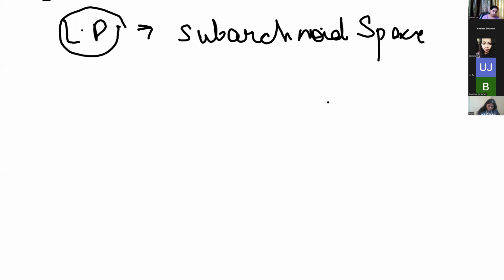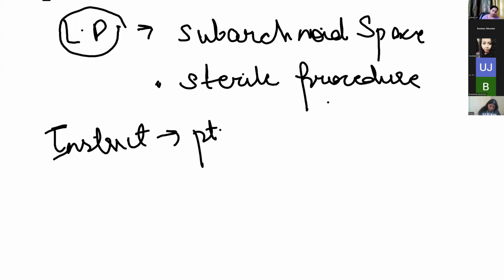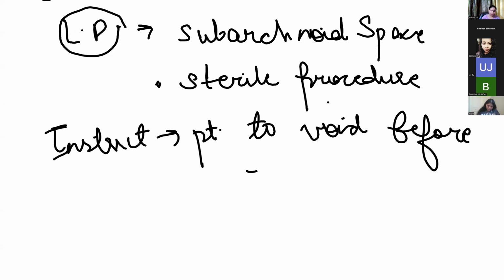Then this is a sterile procedure. Second thing to keep in mind. Third thing, you need to instruct the patient to void before the procedure.